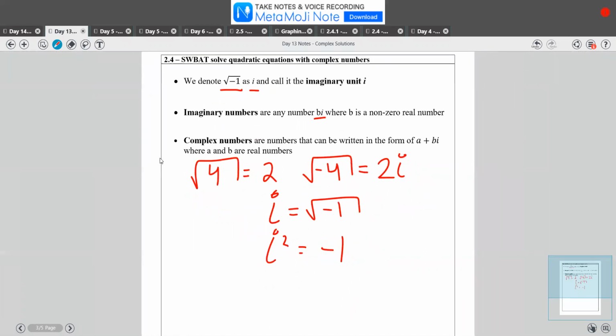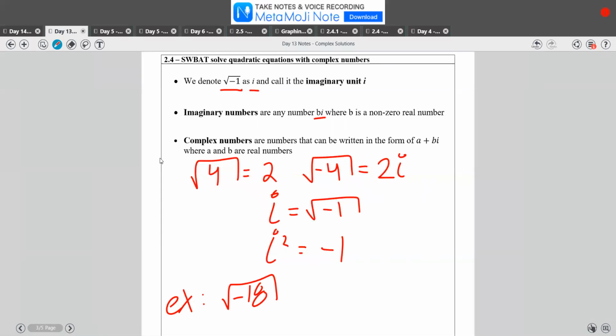Let's just do another quick example. Let's just do the square root of -18, right?